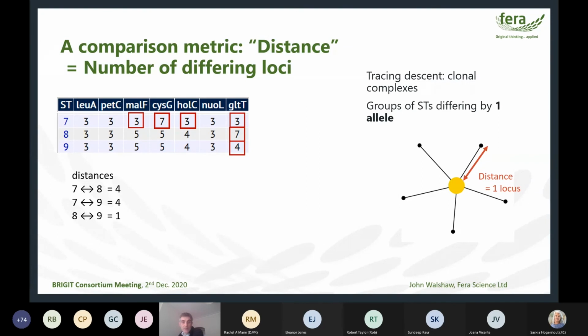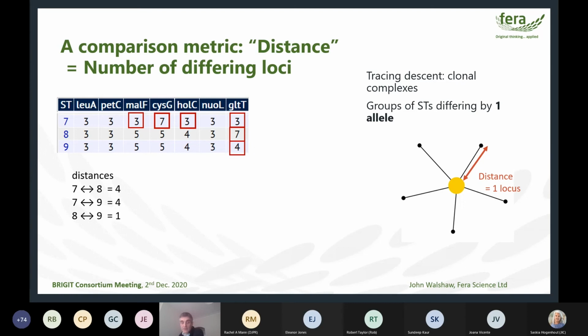If you were to encounter a situation where each of these circles represents a particular strain of a pathogen, and each of these lines represents a distance of just one locus difference, if you were to see this sort of situation, of course, a probable explanation for that is that the outer strains have descended from a founder strain, and of course that's informed also by provenance data, when and where you got the strains, and also the number of different strains that you have observed.